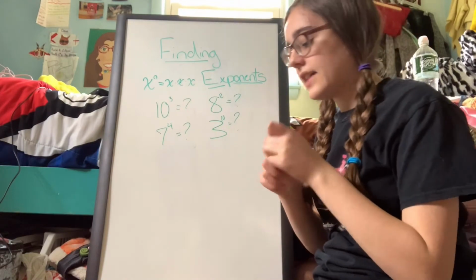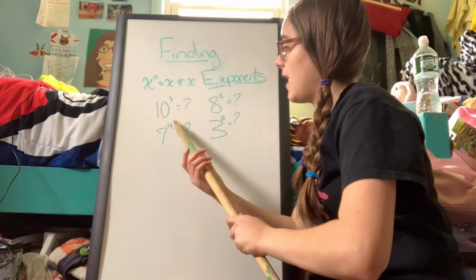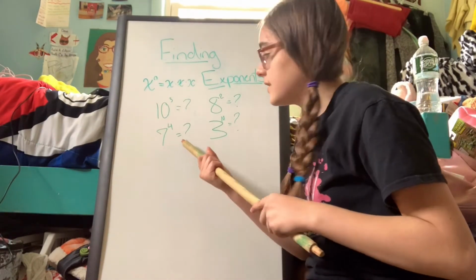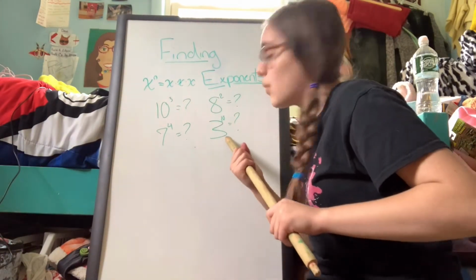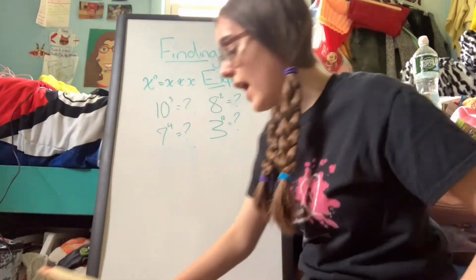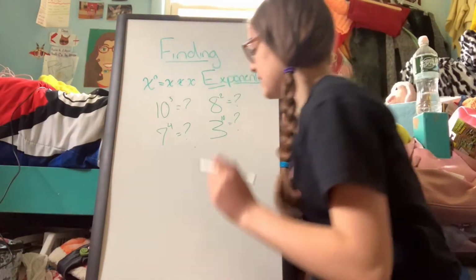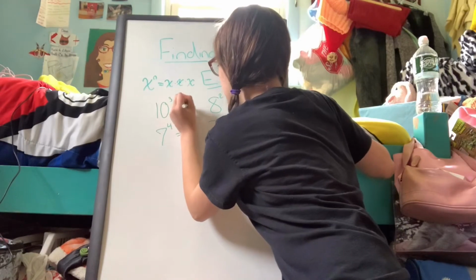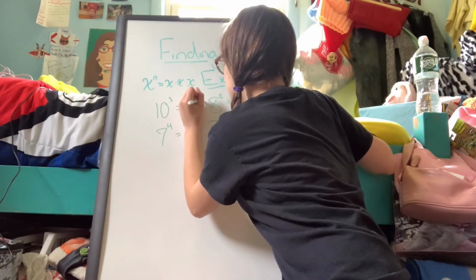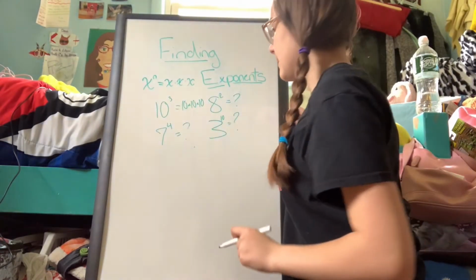So how would we find exponents like 10 to the third, 7 to the fourth, 8 to the second, or 3 to the 10th? Well, to find 10 to the third, we would multiply 10 times 10 times 10, 3 times.